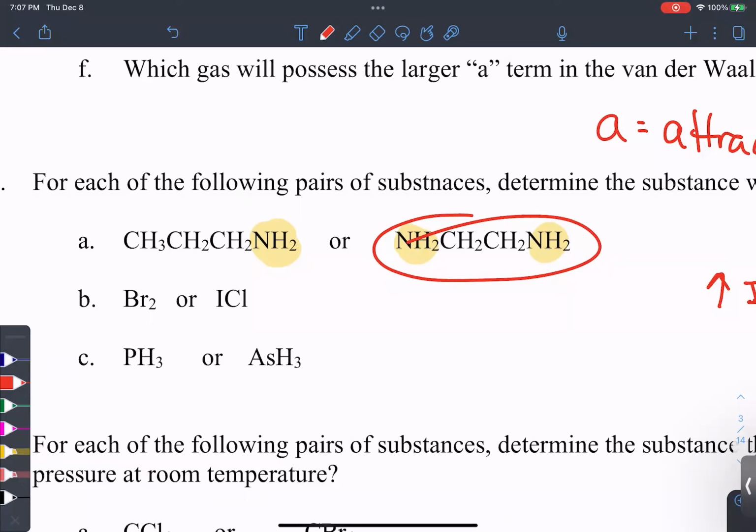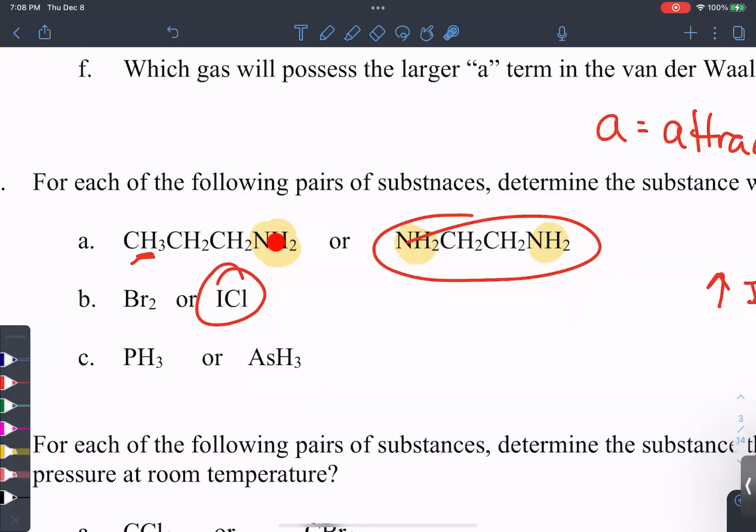All right, the next one, Br2 or ICl. Which one has the higher boiling point? ICl. Why? It's polar. Wait, this one? This first one only has one.